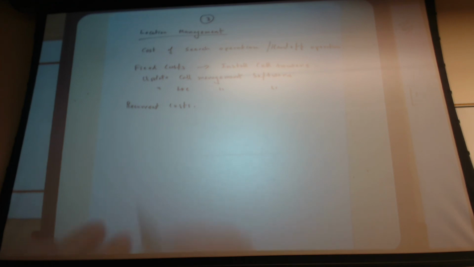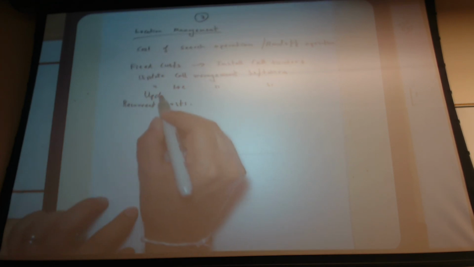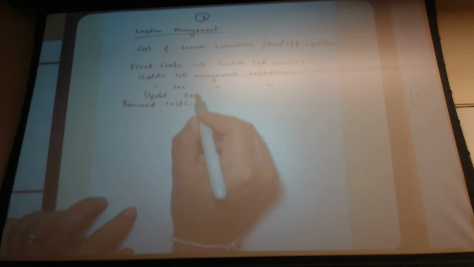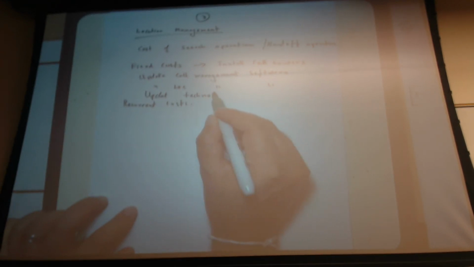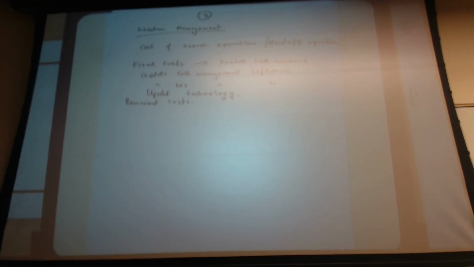And I will update the technology, like 4G, 3G, and so on. Voice over IP, those kinds of technology I have to update. So that is fixed cost. It means that once you do that update, you don't need to spend any more money for a while. For 2-3 years or even 5-6 years, you don't need to spend any more money.